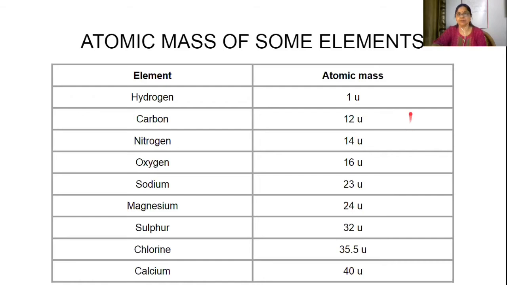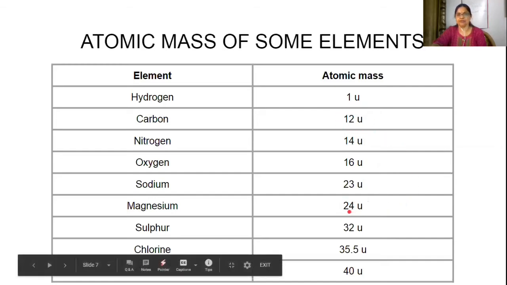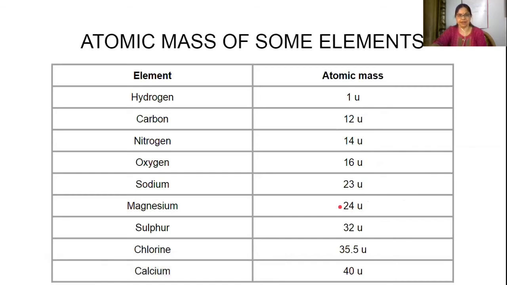So these are the atomic masses of some of the elements: hydrogen, carbon, nitrogen, oxygen, sodium, magnesium, sulfur, chlorine and calcium. Now if you compare the mass of carbon to the mass of magnesium, you will find that the mass of magnesium atom is double the mass of carbon atom, and the smallest one, hydrogen, has only one unit.